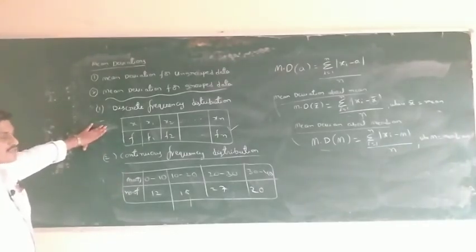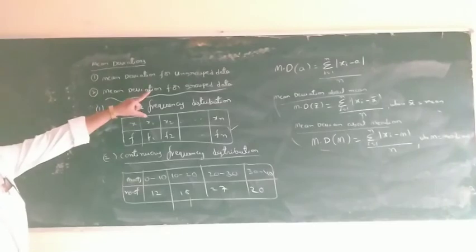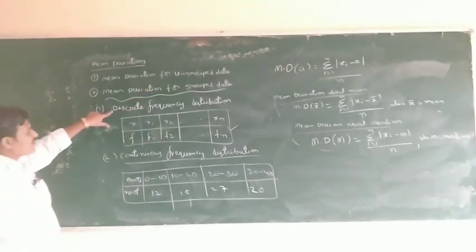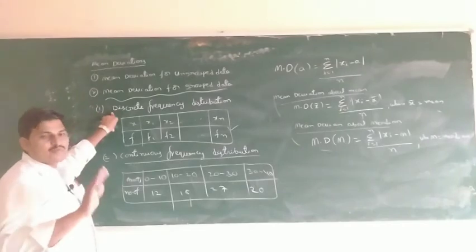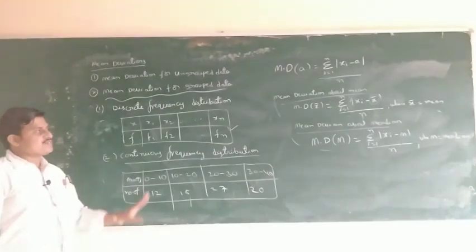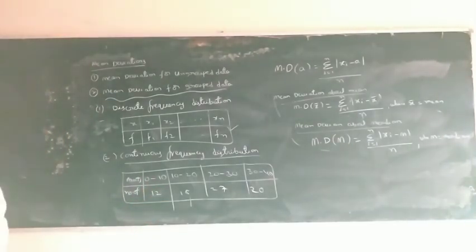Discrete frequency distributions have two types of problems: mean deviation about the mean and mean deviation about the median, with two formulas. Mean deviation for grouped data has two formulas for discrete frequency distribution and two formulas for continuous frequency distribution. Totally 6 formulas, 6 types of problems.